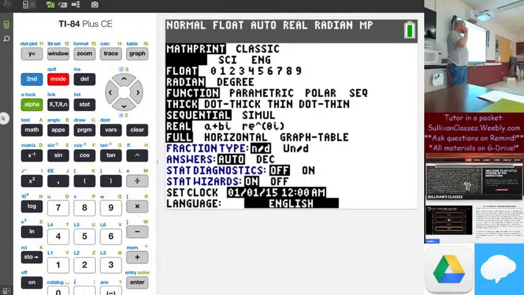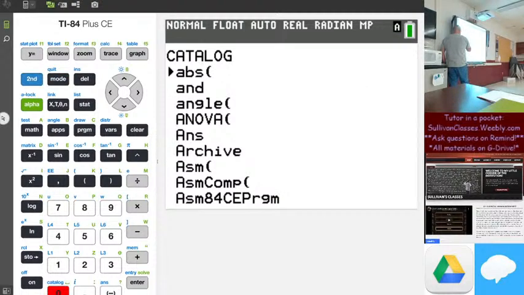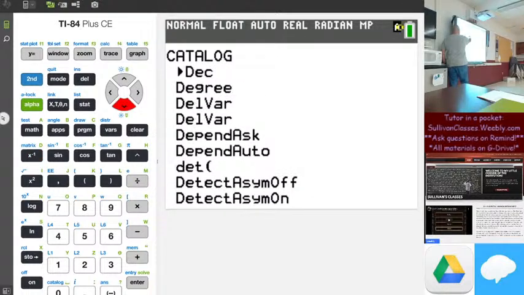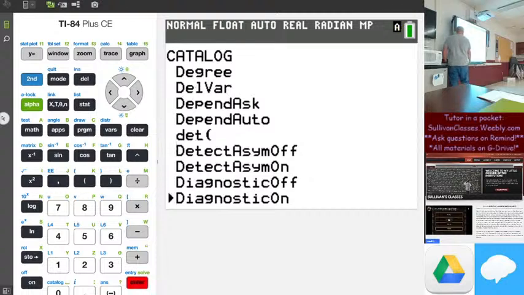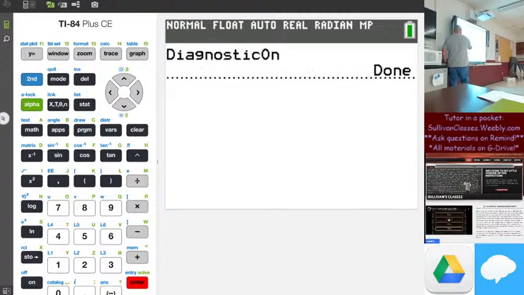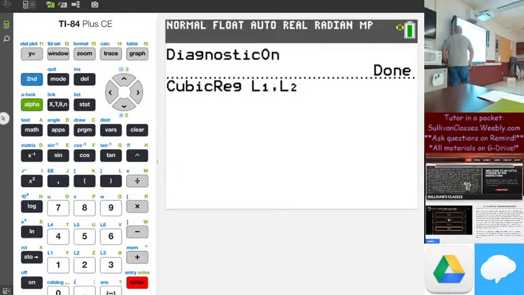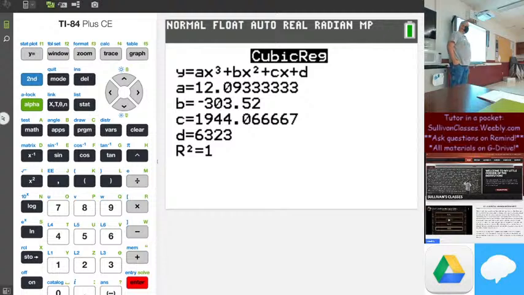But if I'm on an 83 on the laptops, I have to go all the way to the catalog, all the way to the D's. I have to turn those diagnostics on because now it's going to give me a correlation coefficient. Now it's going to tell me 100%. This is the model because of the n+1 point principle. Okay, so I'd say 12.093x cubed minus x squared plus, I just write it down.